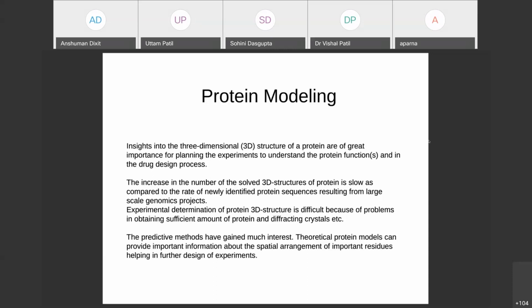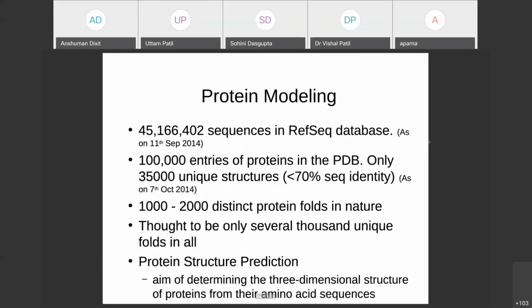So why do we do computational protein structure modeling? Because the majority of sequences do not have a three-dimensional structure. I'll show you, this is old data, I guess. But if you see here, there are millions of sequences in the RefSeq database.